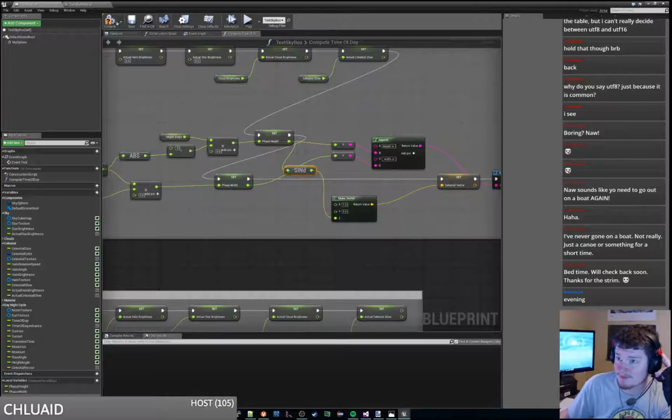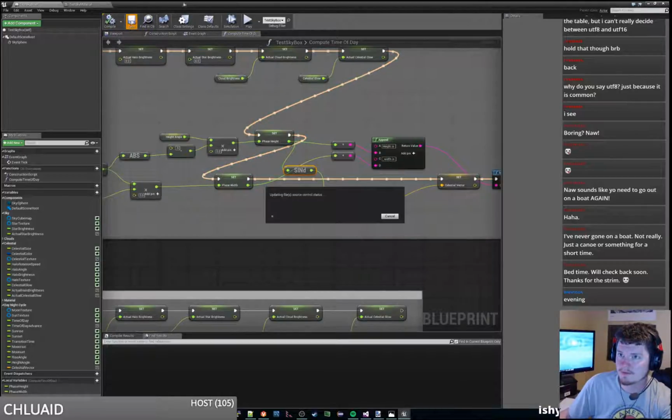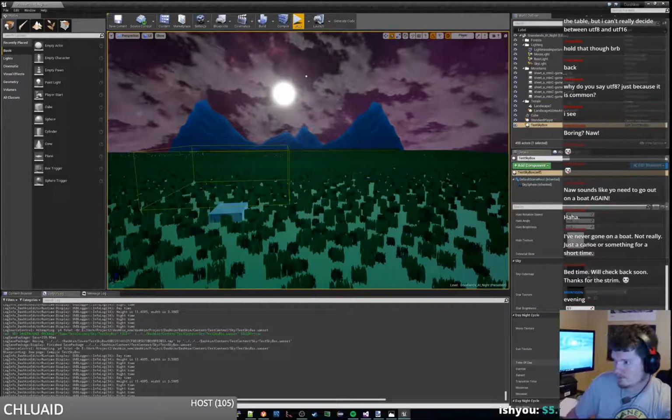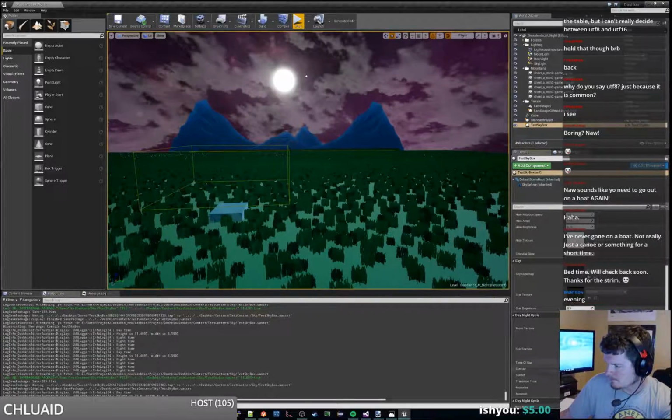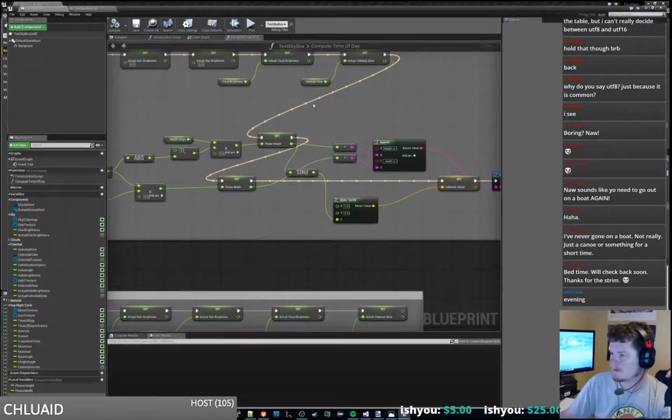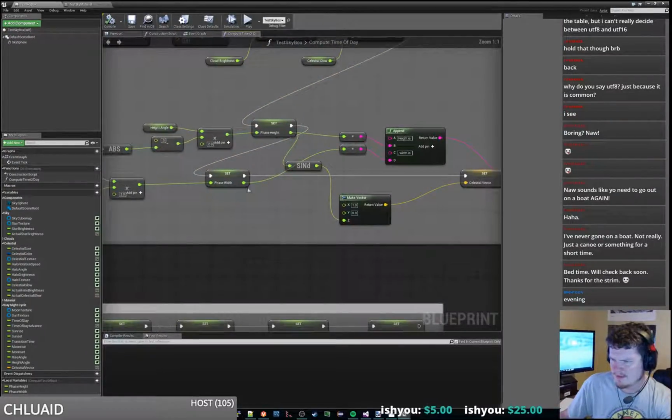So let's see if the phase height works like this. So 12 noon, it's up there, and it goes from 0 to 1, just like we would expect it to. And I think this one's also the sine.